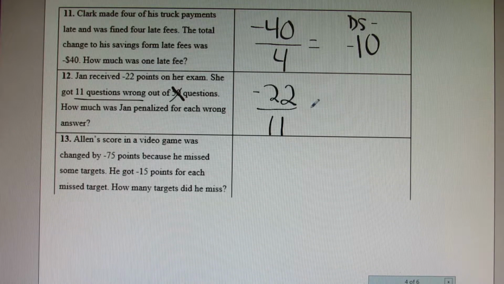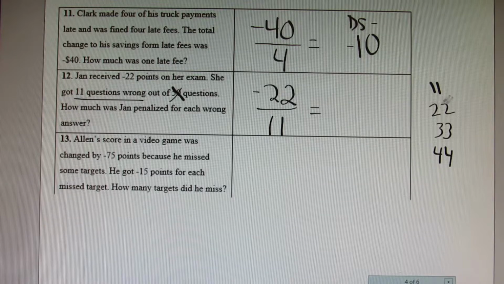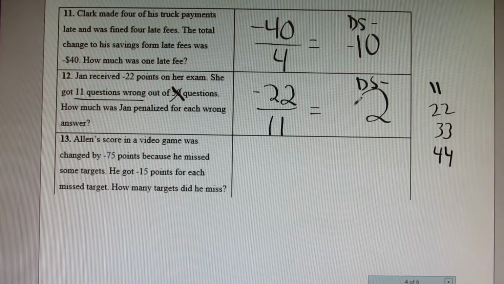Okay, so again, we're doing our division. Think about 11s. 11 times tables are really easy. 11, 22, 33, 44. We don't have to go very far because, hey, it's 22. So it goes in 2 times. And because it's different signs, my answer is going to be negative. So she got -2 points off for each wrong answer.